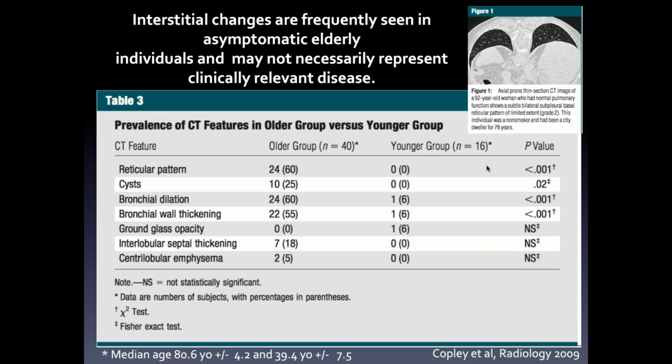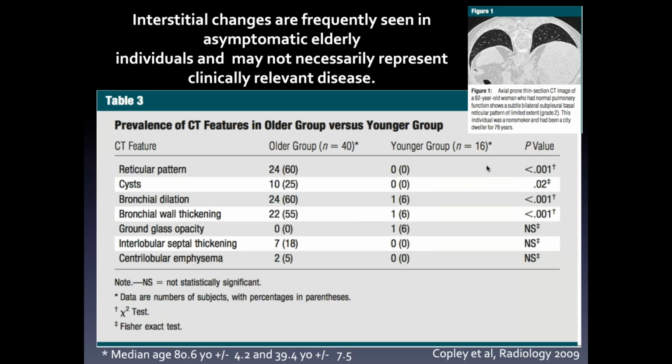They performed CT scans in a group of subjects with no clinical indication, just for screening, and they detected reticulation, cysts, bronchial wall thickening, ground glass opacity, interlobular septal thickening, and centrilobular emphysema, mainly in elderly patients, in subjects older than 75 years of age.